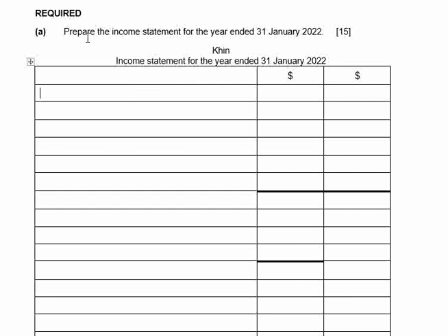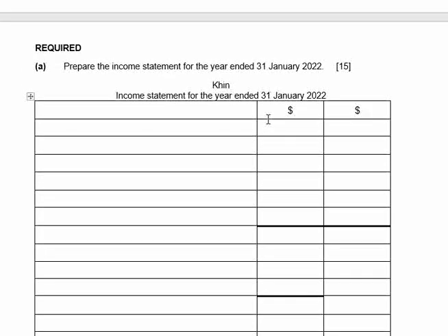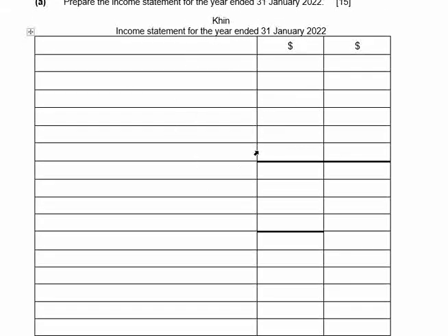Now the requirement says prepare the income statement for the year ended 31 January 2022. This is of 15 marks, and the lines have been given to you. I have made some work on it in order to save my time. You have this main format, and this is the main body of your income statement.